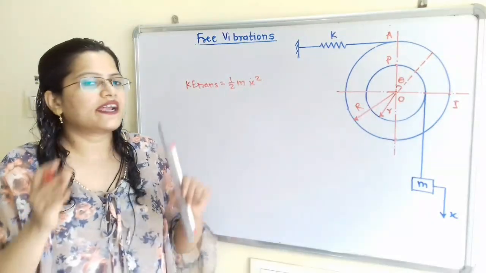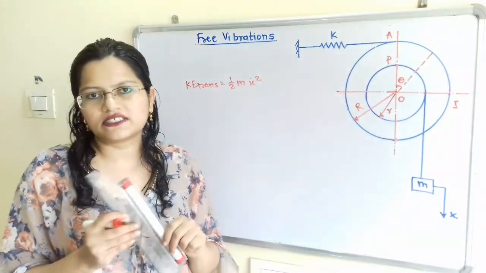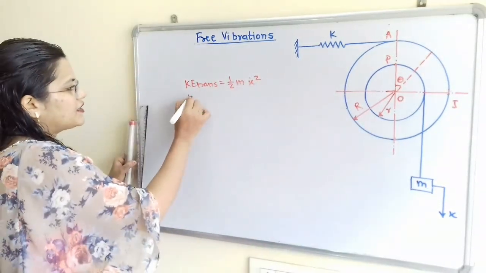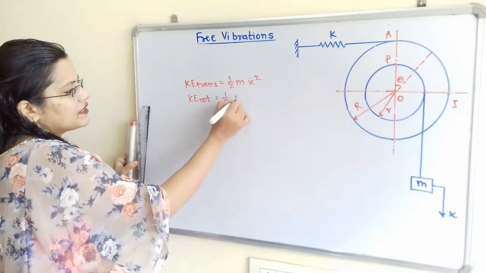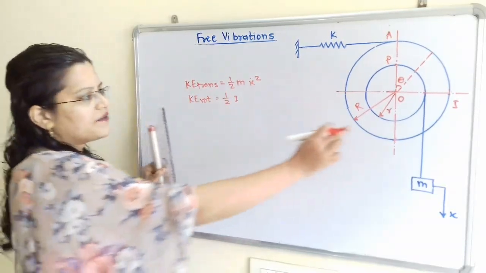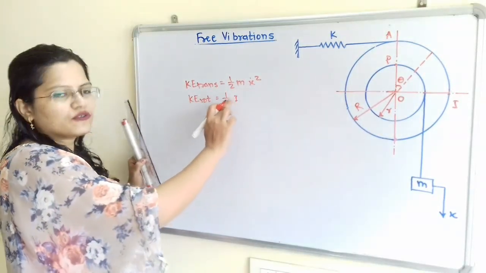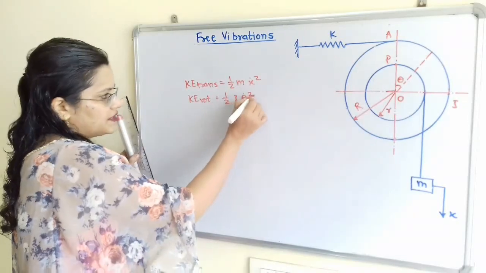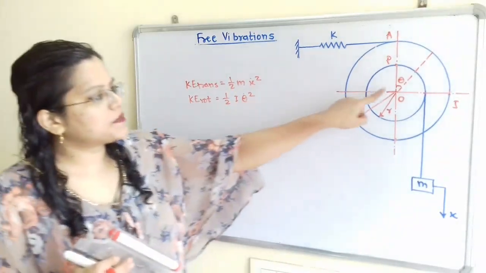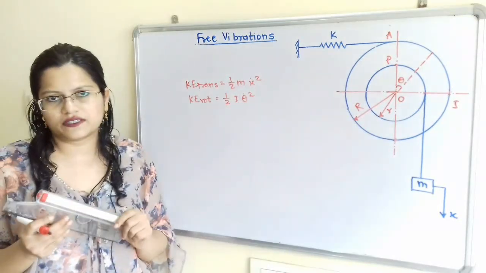How can we write the rotational kinetic energy for this concentric disk? KE rotational is half, and instead of mass m we have to use mass moment of inertia I, into theta dot square, because the angular displacement theta is taking place.